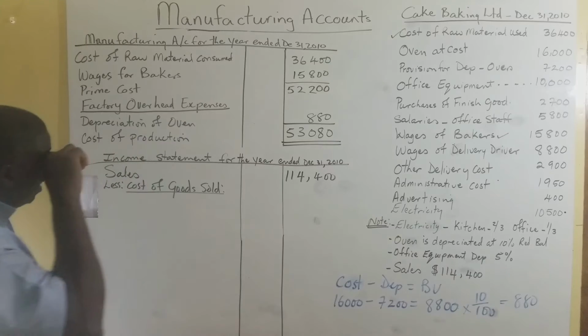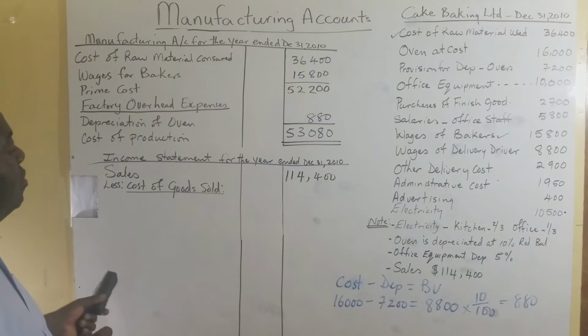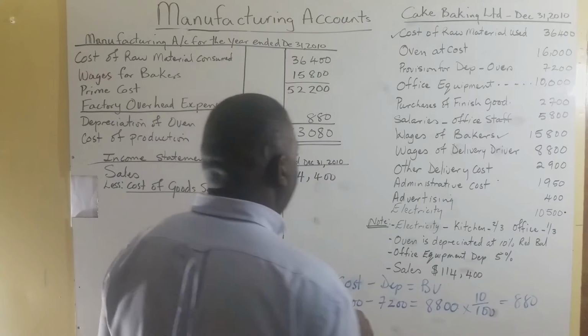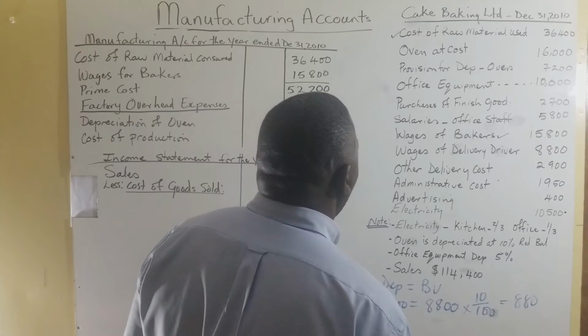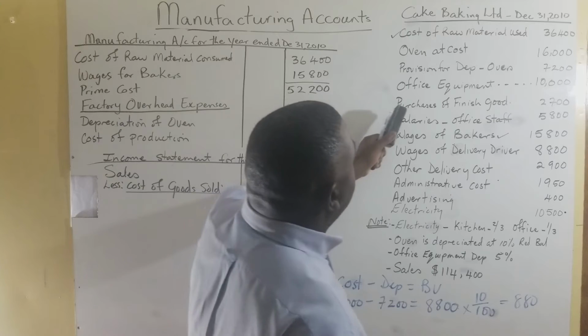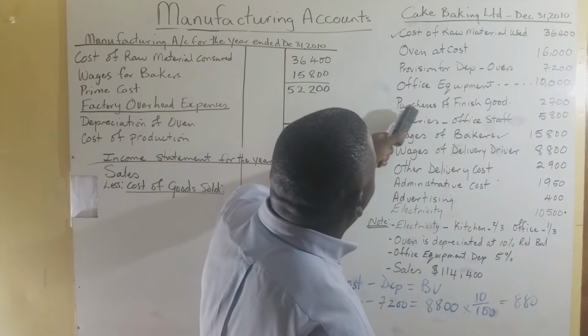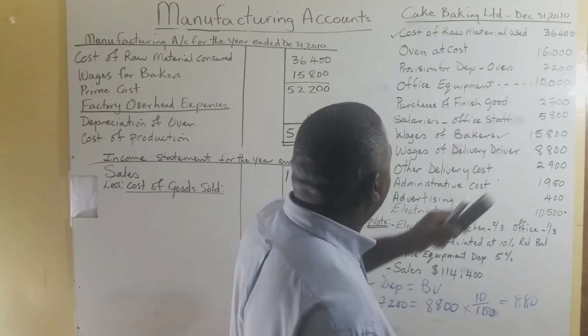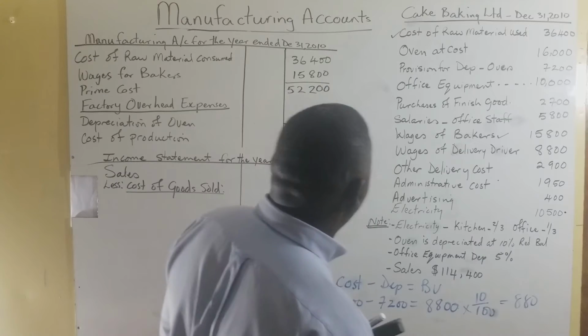So now we're going to identify those items that are part of our costs. First of all, we have also a purchase of finished goods. Right? We have a purchase of finished good.